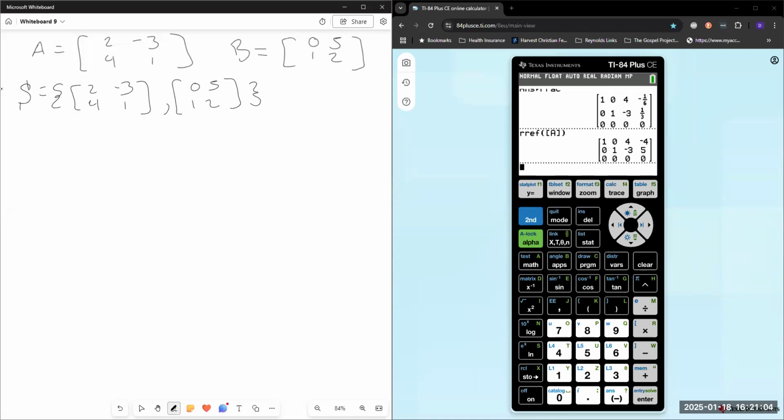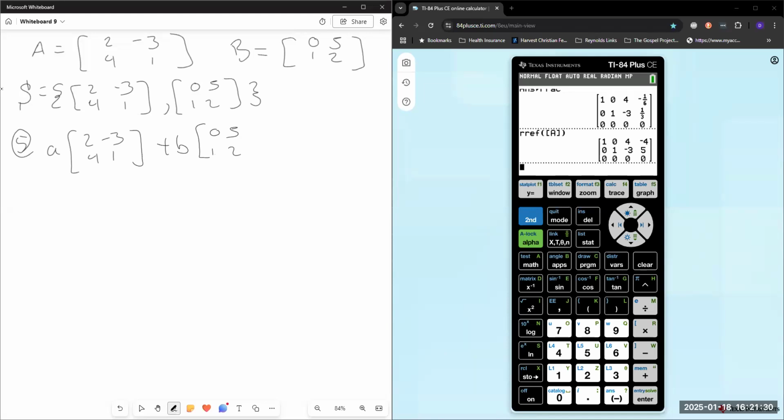So part number 5 is that we want C1 times 2, -3, 4, 1 plus C2 times 0, 5, 1, 2.